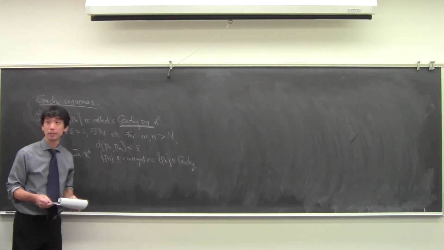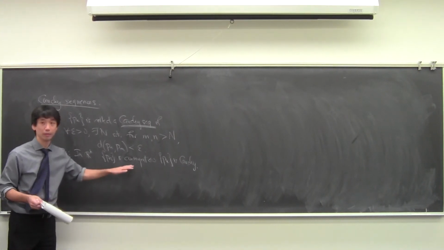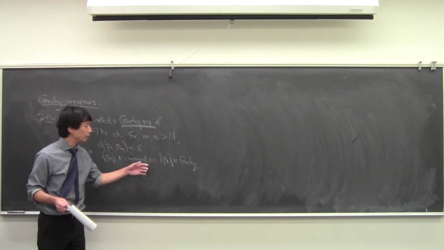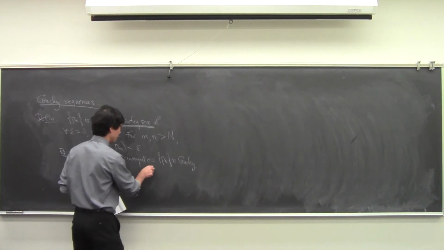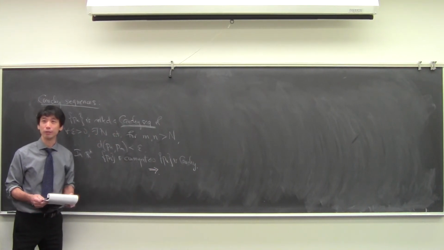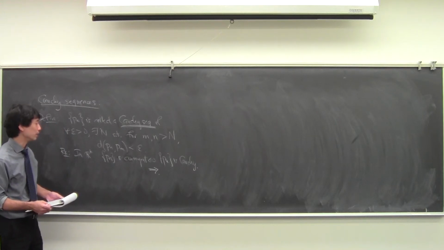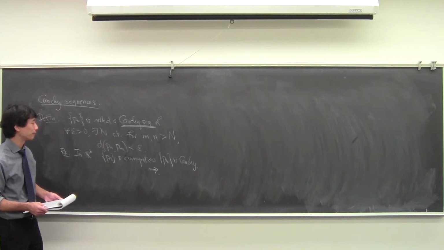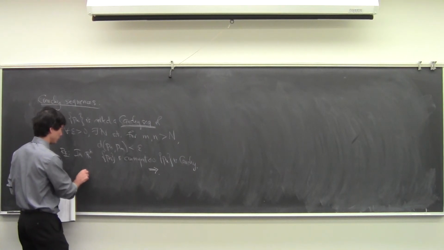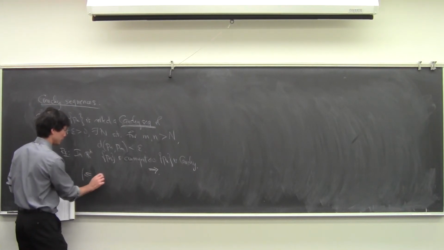But that's not always true. What we'll see is that convergent always implies that you're Cauchy, but being Cauchy doesn't always imply that you're convergent. It depends on the space.